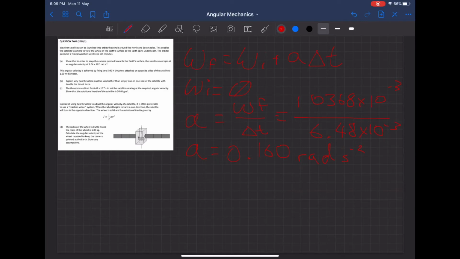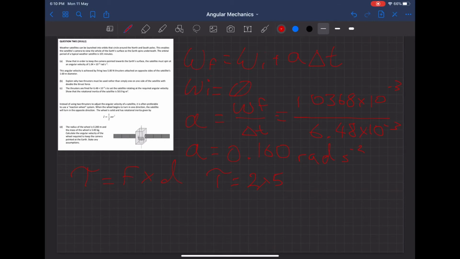So we know in a previous question we talked about there being two torques in the same direction. Okay, we're going to use a little bit of calculation here. We're going to say that the equation for torque equals force times distance, and we've got two torques. So our torque equals 2 times 5, and we're using our thrusters, which have been given 5 newtons of force, and our satellite's diameter is 1.60.